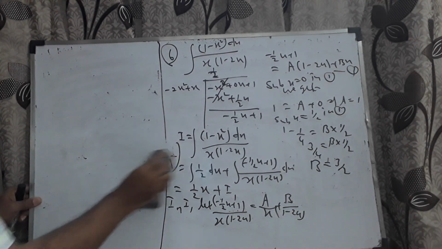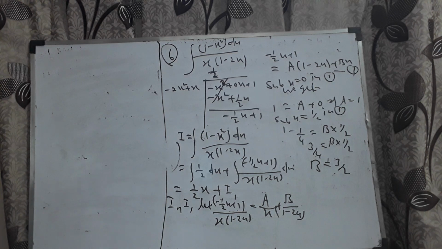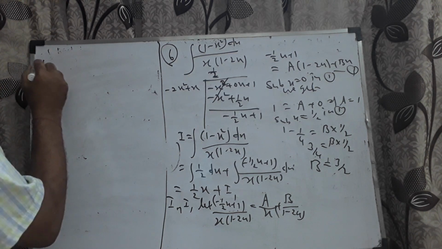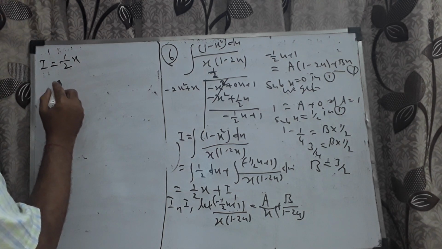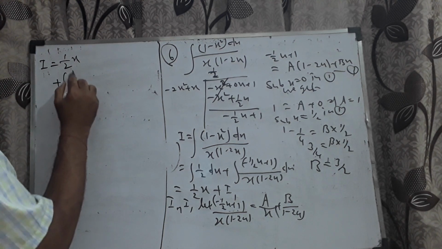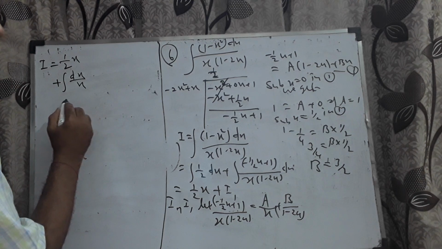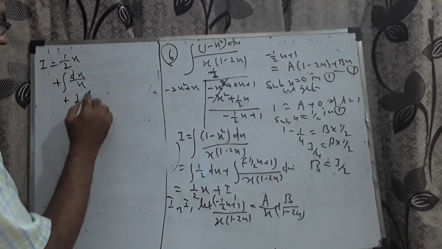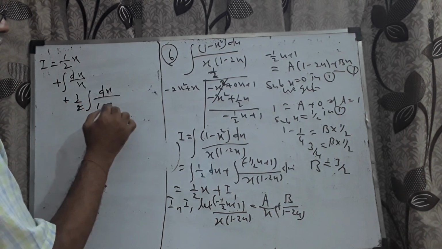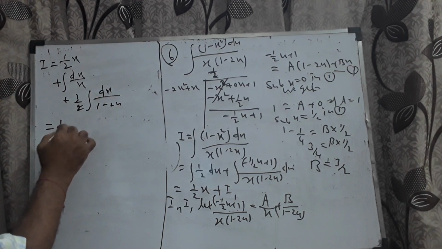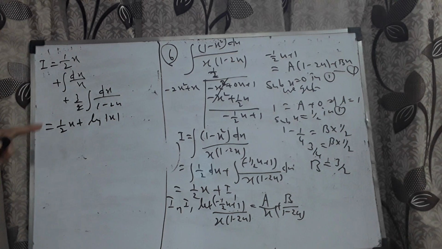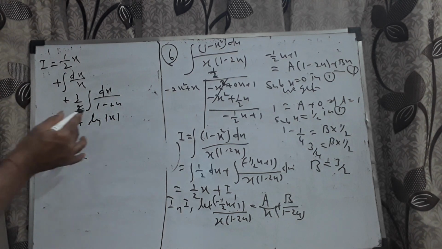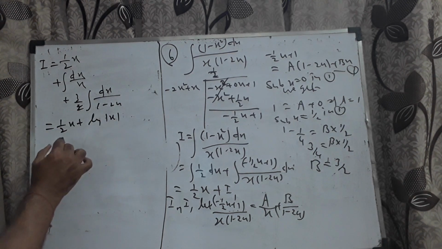I'll continue over here. The whole integral now becomes I is equal to half x, my a is 1, plus integral dx by x, then plus 3 by 2 integral dx by (1 minus 2x). Practically speaking, half x plus log mod x. But I should not say simply log here, because the derivative of 1 minus 2x is minus 2.